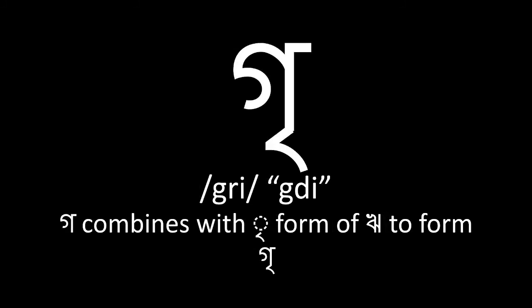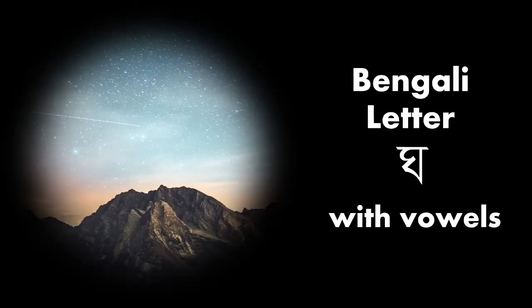This is gri. Here's another letter that doesn't exist in English. This is the letter gha. So this letter is a G sound, but in English we don't ever make this sound except if we're saying something like big heat, or bag hat, big hat, big hit.